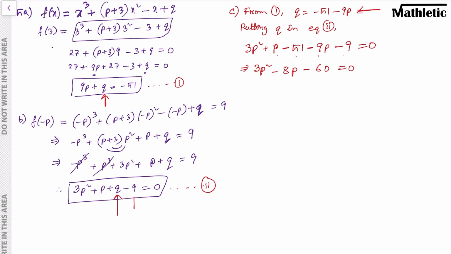So solving this simultaneous equation, 6 into 3 is 180. Since we need 8, you can select 18 and 10. So 3p squared minus 18p plus 10p.